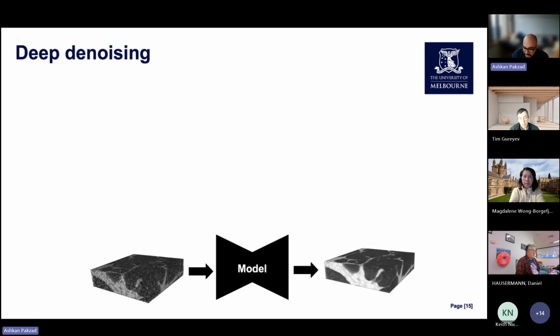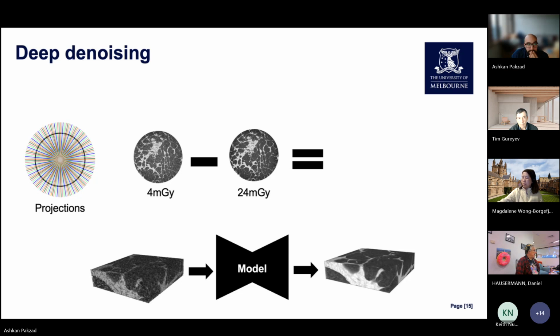And when we take that model to what we're working with, we want to train a model which can denoise our Y to produce our X's. Because we've divided our 24 milligray by 6, we have 6 different sets of 4 milligray images.